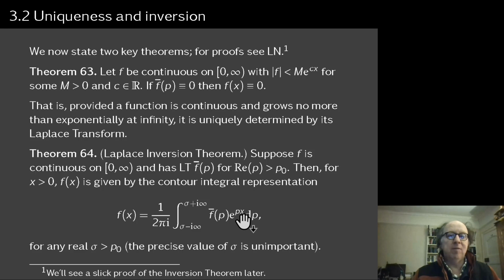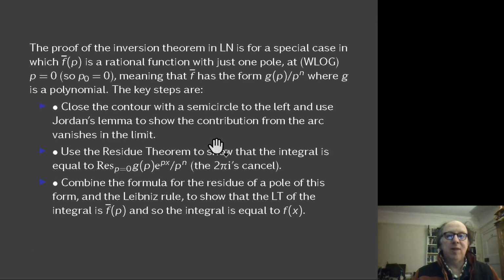X is going to be positive, so you need the real part of p to be negative, so that you get exponential decay from that e to the px term on the semicircle. So you close on the left with a semicircle. You use the Jordan lemma, which lets you handle contour integrals of that kind to show that the contribution from the semicircle goes to 0 in the limit.